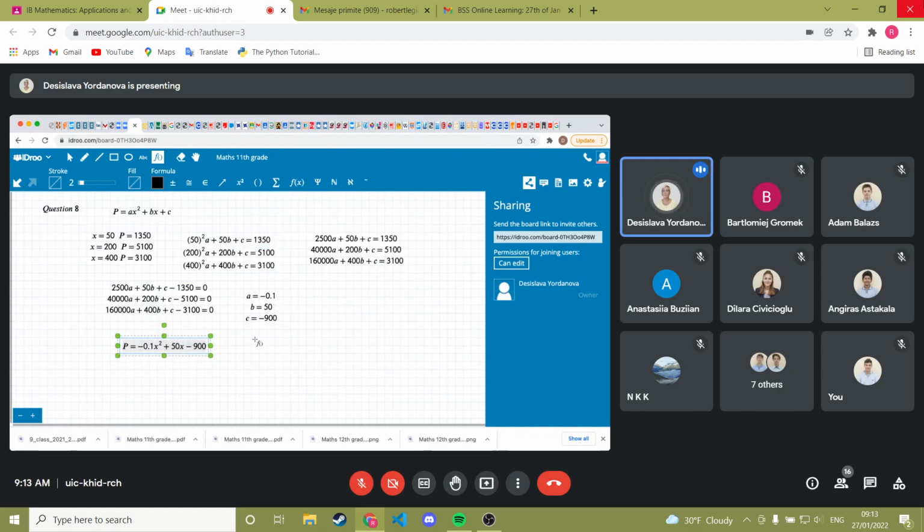When you graph it, you will see that the coordinates of the vertex are 250 and 5,350, which means that the maximum profit is 5,350 when she produces 250 items. If she produces more than 250 items, the profit will be less, actually. Okay, any questions on this?